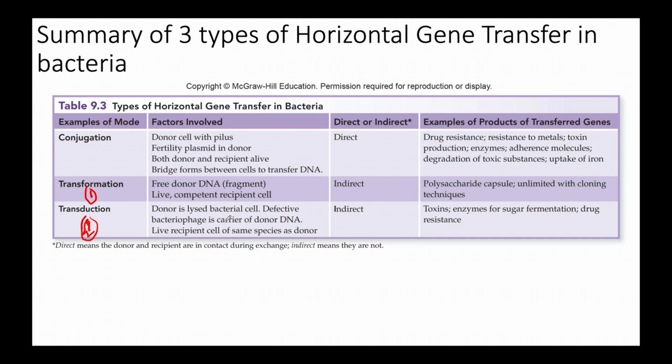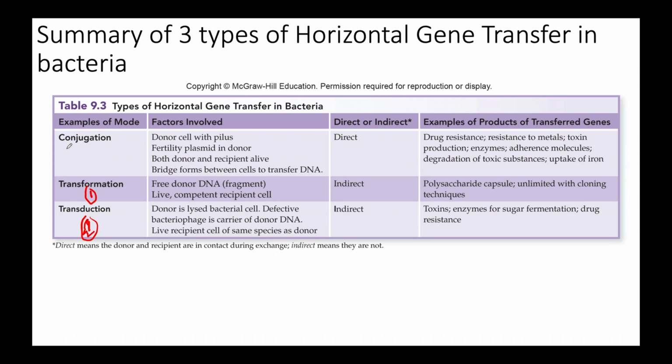become transformed. In transduction, there is a donor cell that has been infected by a bacteriophage, and during the lysis event of that bacterial cell, there could be a phage that is called a transducing phage that's carrying donor bacterial DNA rather than viral DNA, and so that can lead to the transfer of bacterial DNA through transduction.